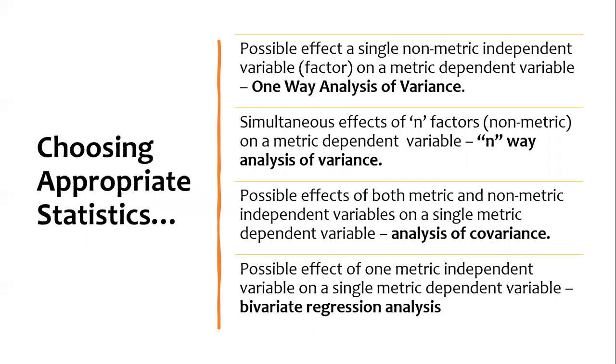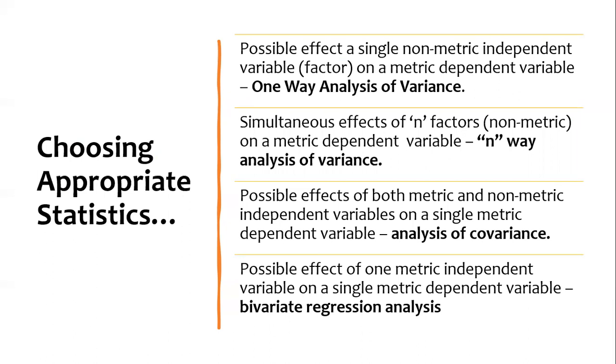So how do you choose appropriate statistics? People talk about ANOVA, N-way ANOVA, ANCOVA, bivariate regression. There are actually assumptions and conditions to be met before you go ahead and use them, because statistics can be garbage in, garbage out if you are not careful. For the possible effect of a single non-metric independent variable on a metric dependent variable, you can do a one-way ANOVA, a one-way analysis of variance.